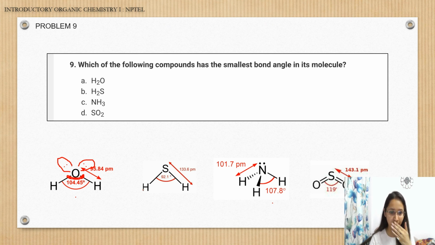But in the case of H2S, the sulfur is not that electronegative. So the electronegativity difference between sulfur and hydrogen is very small. So here the electron density is somewhere in the middle of the HS bond. There is no electron crowding occurring at this position, and no electronegativity effect coming into the picture.